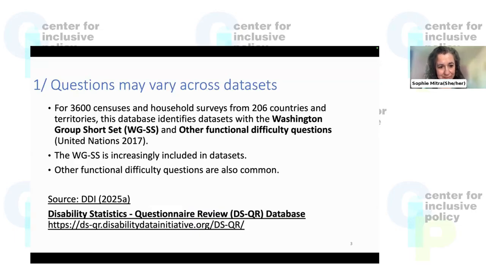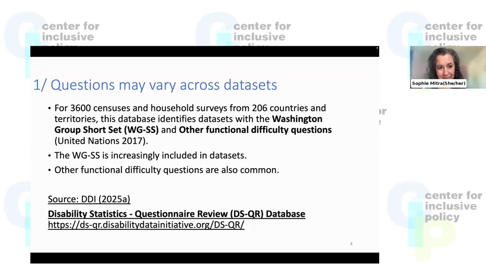First, I'm going to illustrate the point that Dan made around questions on disability being different across data sources. In the first strand of our work, the Disability Statistics Questionnaire Review database, we have reviewed the disability questions in 3,600 censuses and household surveys in 206 countries, and we've looked out for questions on functional difficulties. These are the Washington Group short set of questions, the 6 questions on difficulty seeing, difficulty hearing, for instance, as well as other functional difficulty questions.